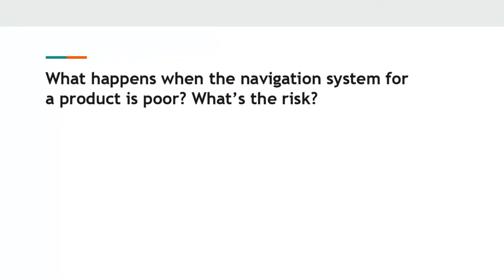What happens when the navigation system for a product is poor? You can type in your answer on the slide if you want. So what happens when it's poor navigation?